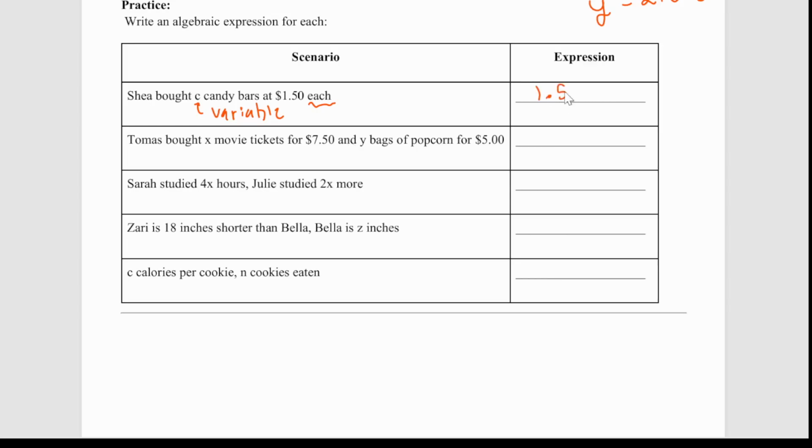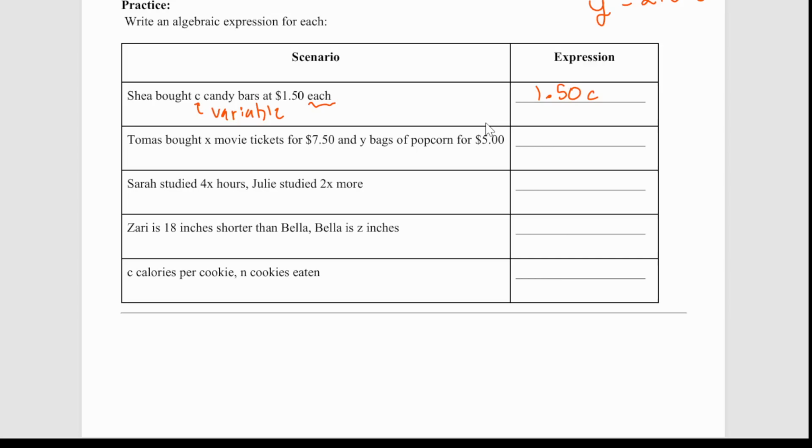It would be 1.50 times C. And then we can double check ourselves. If, for example, she bought 4 candy bars, our expression is saying it would be 1.5 times 4, which is indeed 6, which is what I'm expecting. Had you done addition instead, you would get an answer that wouldn't make any sense. You get like $5.50. That's not how much you would expect to pay, because keep in mind that repeated addition is multiplication, which is what we're doing here.